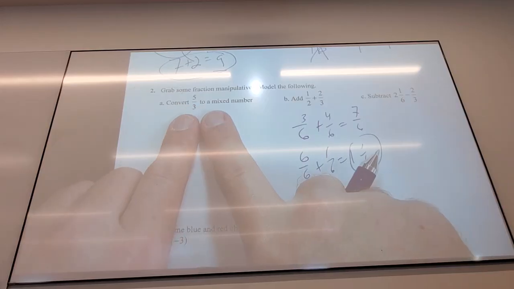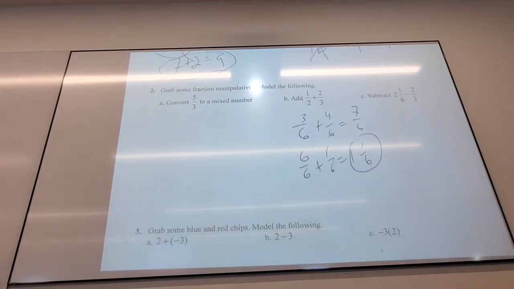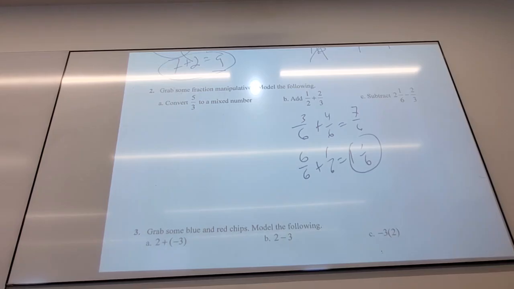All right, so let's see. 5/3 to a mixed number. Where am I? There. Oh my God, there's stuff. Oh, I have 2 there. There we go. So here's 5/3.